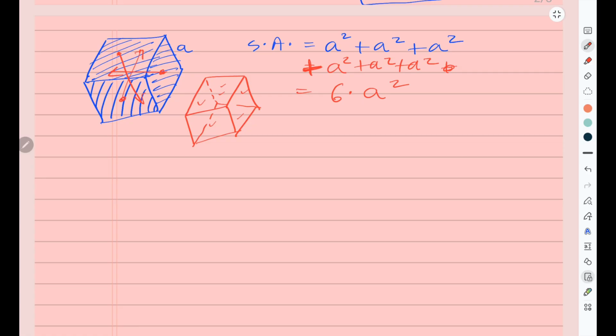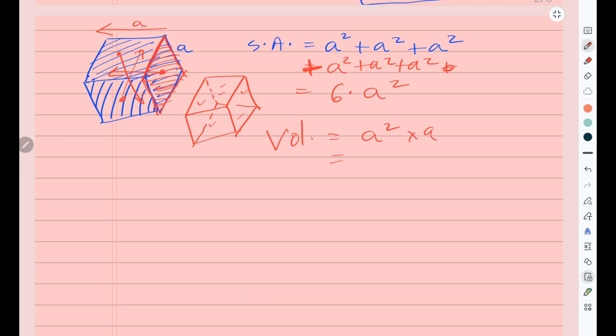And then what is the volume? To get the volume, first we have to, for example, get one area, and this area is a square. For example, we are just making this as a base, and then to make this volume, this area is extruded this side for how much? a.